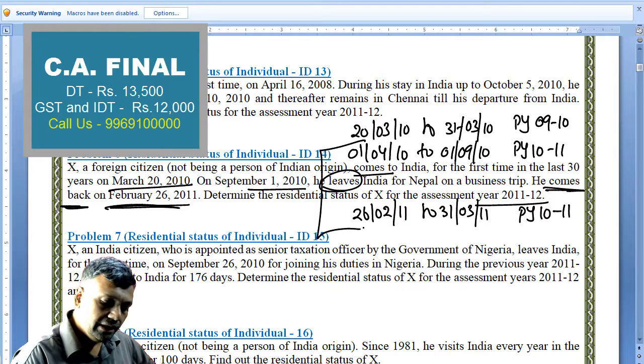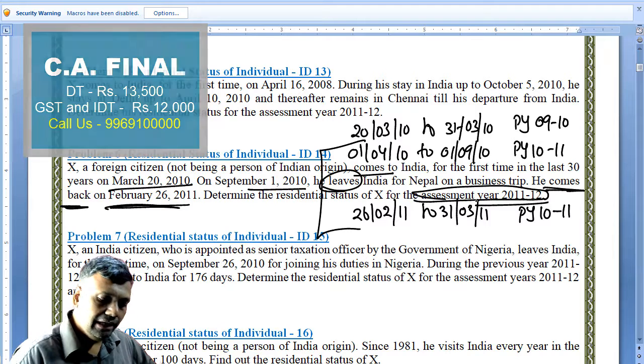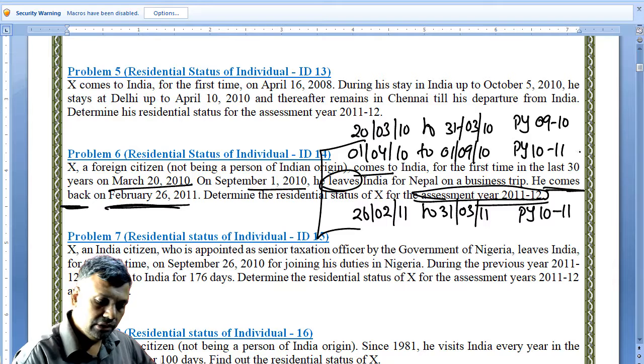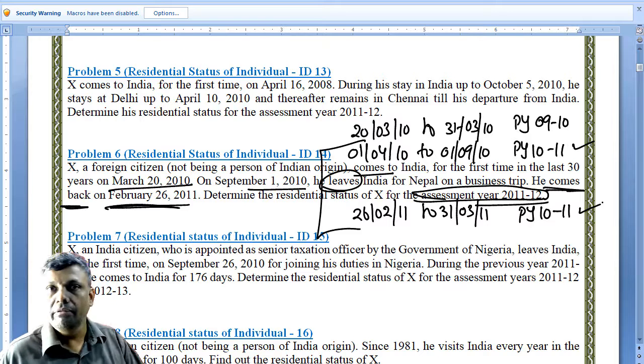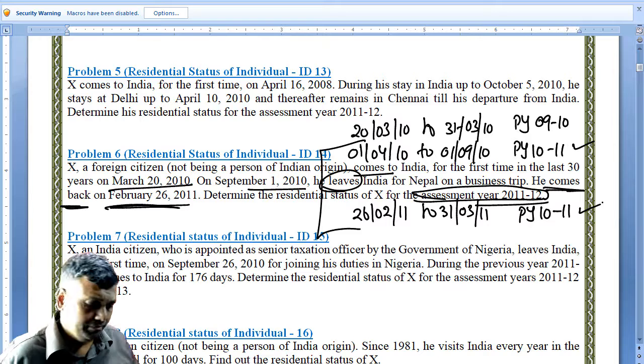Determine the residential status for the assessment year 11-12, that means previous year 10-11. So this is your relevant previous year for which you are doing the calculations. That's okay. So during the previous year, you got 2 stays or 2 visits, that way you can say.